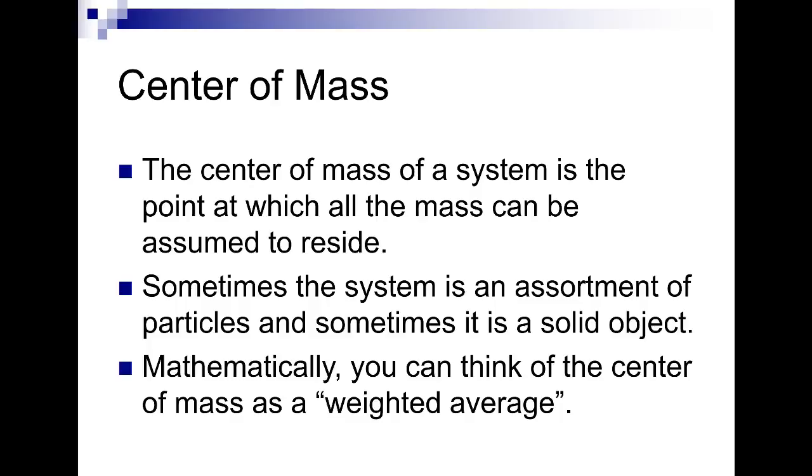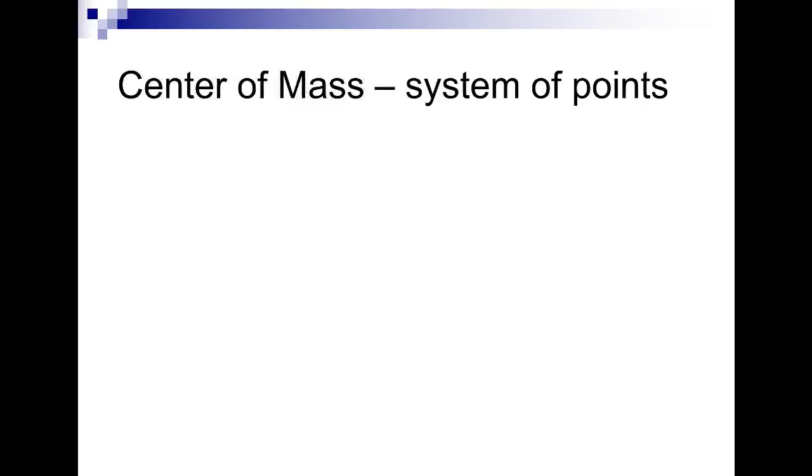Okay, so when you have a system that's an assortment of particles or a system that is a solid object, we can still calculate a weighted average for each. So for a system of points, the x-coordinate of the center of mass is the sum of the product xi mi over all i divided by the total mass, which could also be written as the sum over all i of mi.